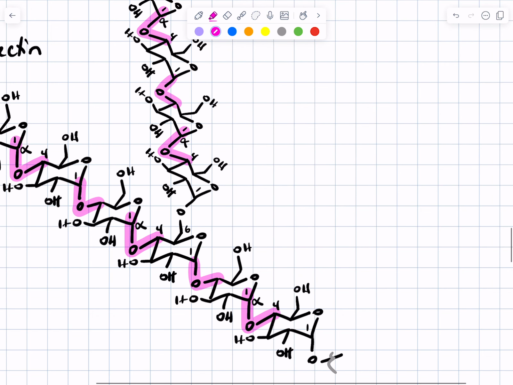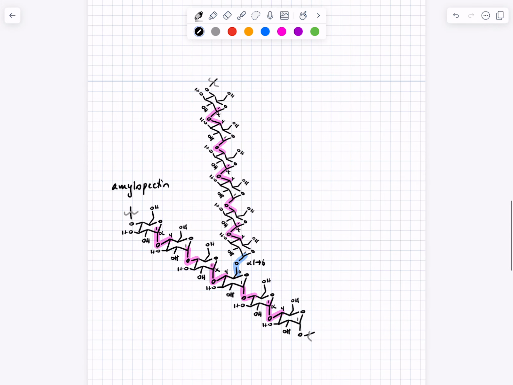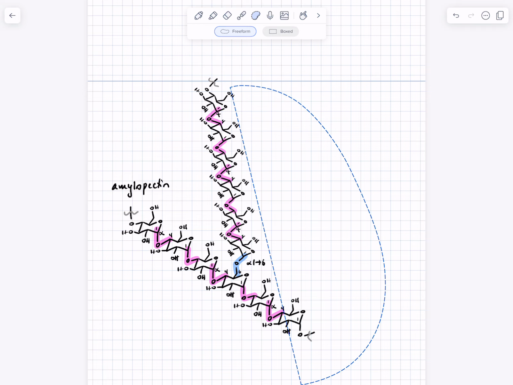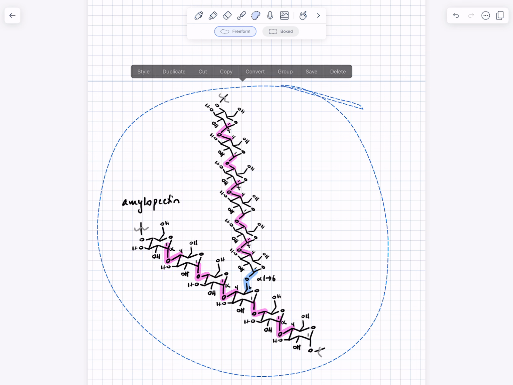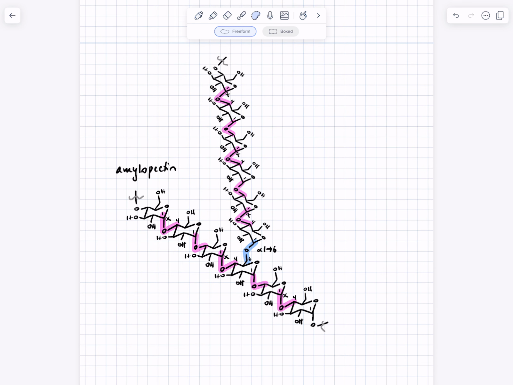And then this one in blue is an alpha 1,6 linkage, and it's a branch point. So there are some starches that are more complicated, and amylopectin has that sort of branch point, Y-shaped kind of structure. And you do have enzymes that can hydrolyze that. It's called alpha glucosidase, and you can tell that it hydrolyzes alpha linkages because alpha's in the title. Okay, questions about that?